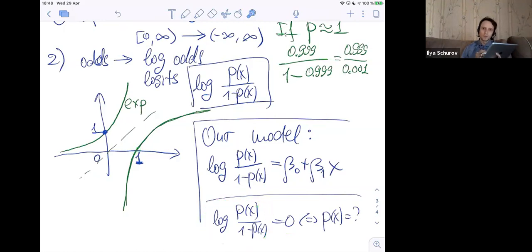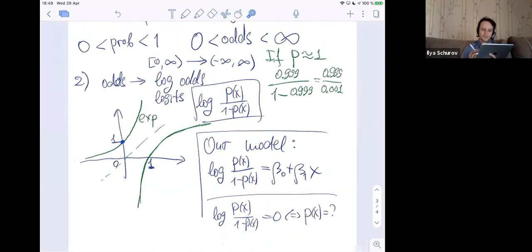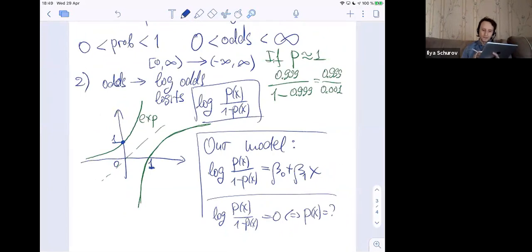And which probability corresponds to chances 1? No, not 0. Chances 1, just like 1 to 1. What is the value of probability? Yes, it corresponds to probability 1/2.